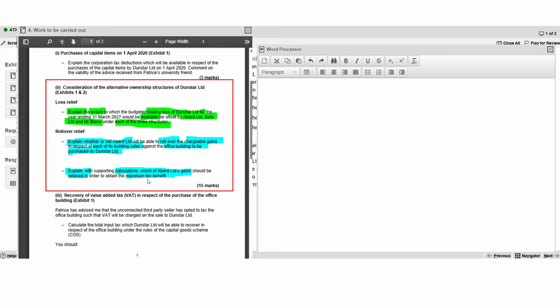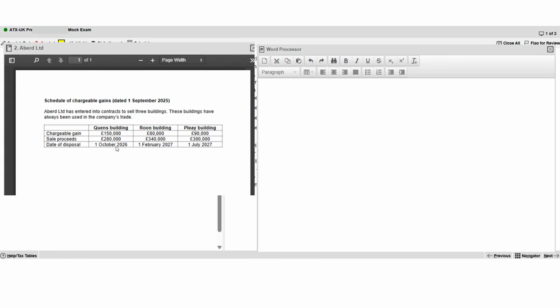And if we have a look at the information for this one, in Exhibit 2, we have a schedule of Aberd's chargeable gains. So we've got 3 buildings that have always been used in the trade. So those are all going to be qualifying assets for rollover relief. We've got details of the gains, the proceeds, and the dates of disposal.